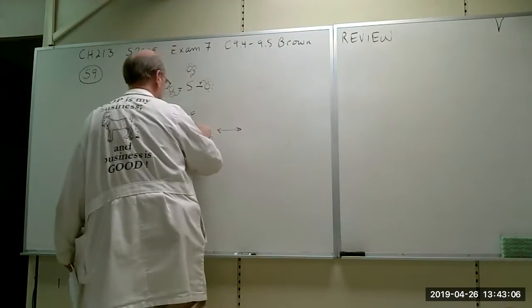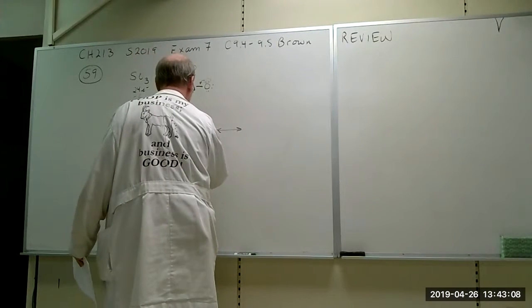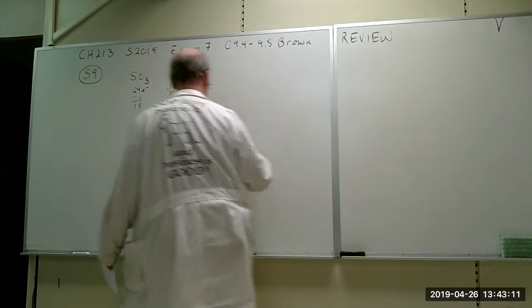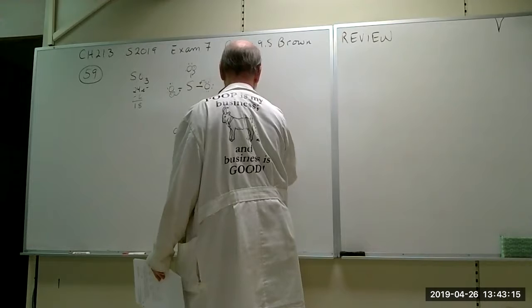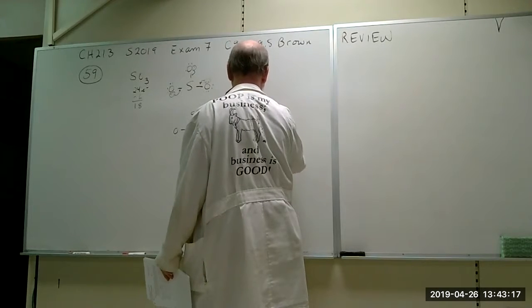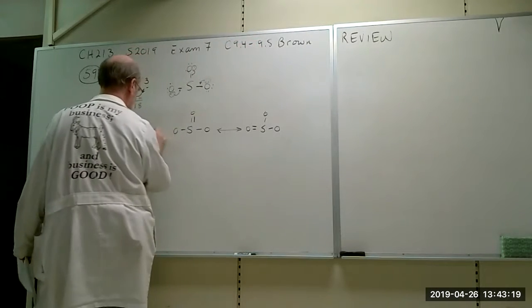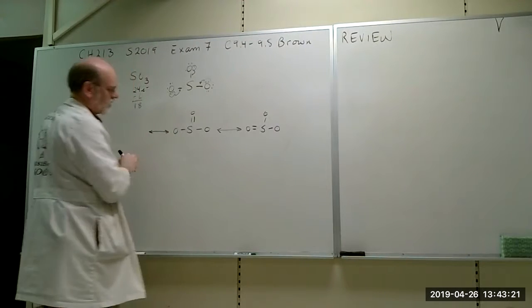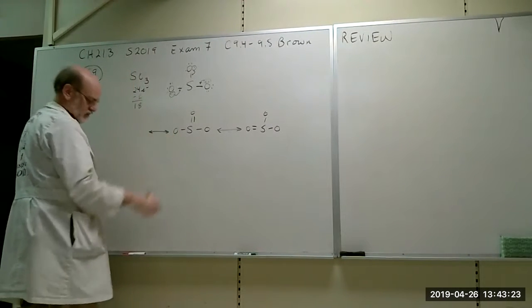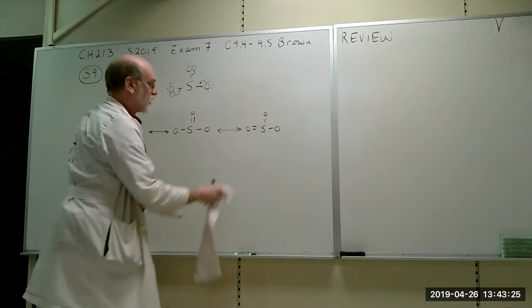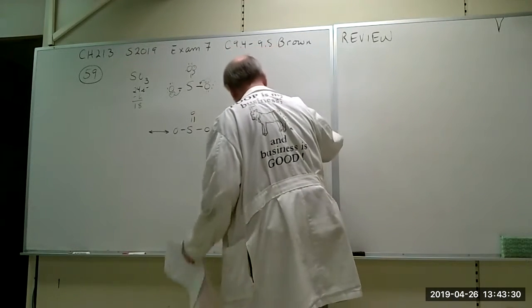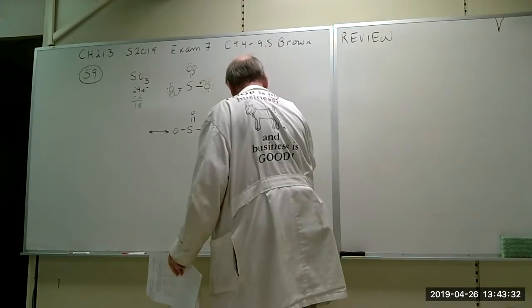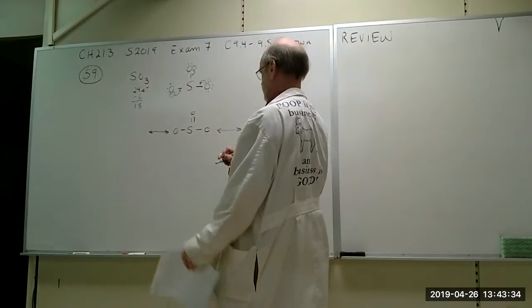Let's do it this way. And then it's like this one. Just like this one. Actually, these should be trigonal planar. Right. So if I'm going to be more accurate, I should say that, and then that.